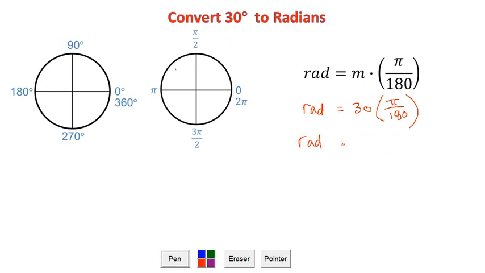Radians equals, so I can simplify this as 30 over 180. 30 goes into 180 six times, so that becomes 1, and this becomes 6. And I've got radians equals pi over 6. So that means 30 degrees on this circle is equal to pi divided by 6 on this circle. So that's how you convert degrees to radians.